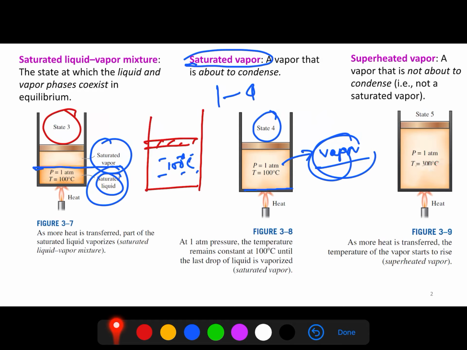So the temperature is above 100 degrees centigrade, so the vapor will not condense here. That means it is superheated vapor, and superheated vapor means it is not about to condense. And if there is no chance for condensation, then we can say the vapor is superheated vapor.